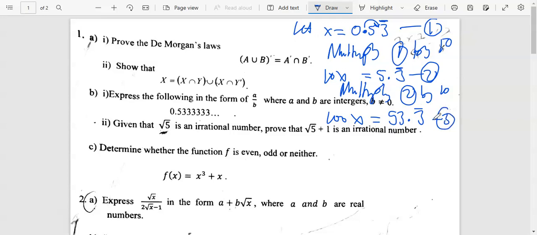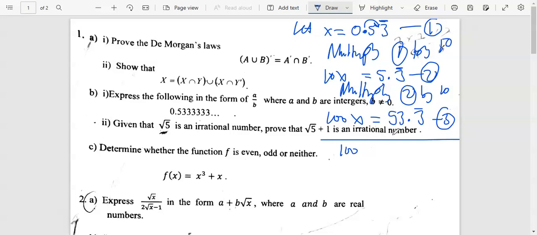The next thing, make sure that the equation where the decimal point is before the repeating number and the equation where the decimal point is behind the repeating number are subtracted. So in this case, it's not equation 1 and equation 2, but equation 2 and 3.